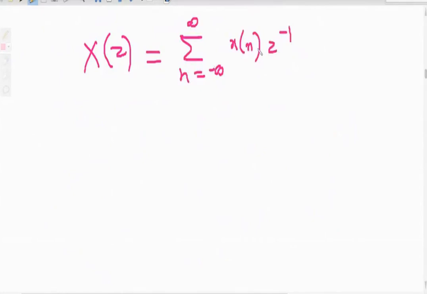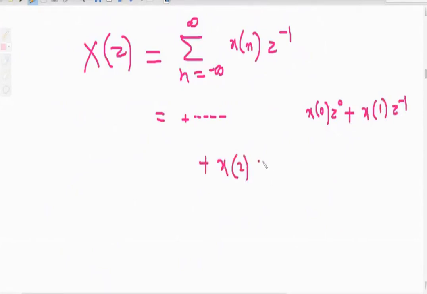Suppose I put n equal to 0, then x of 0 z raised to 0 plus. Suppose I put n equal to 1, so this will be x of 1 z raised to minus 1. Suppose I put n equal to 2, so this will be x of 2 z raised to minus 2. Suppose I put n value as minus 1.